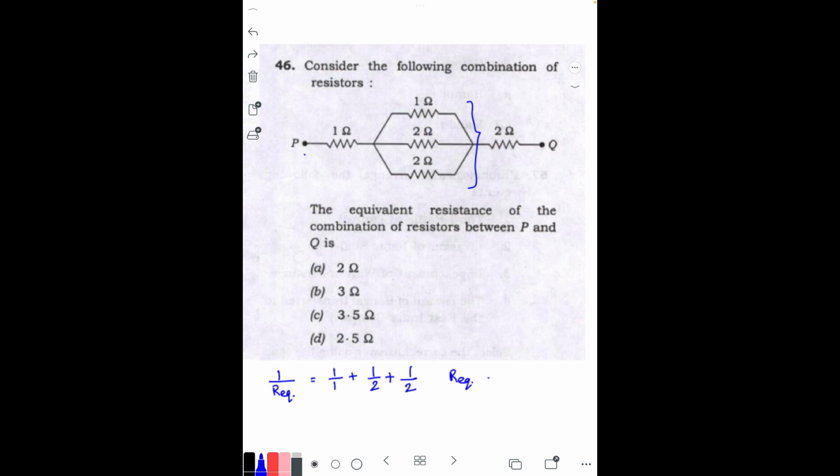So 1 by R equivalent is 2, so R equivalent is half. Okay. So these are in series. So we will consider it as R total equal to 1 plus 2 plus half, that is 3.5 ohm. So the correct option is C.